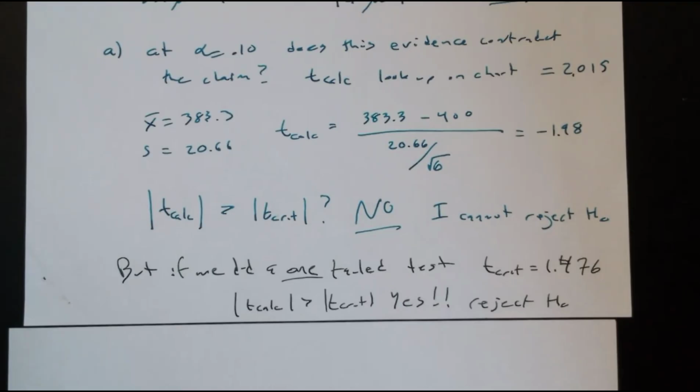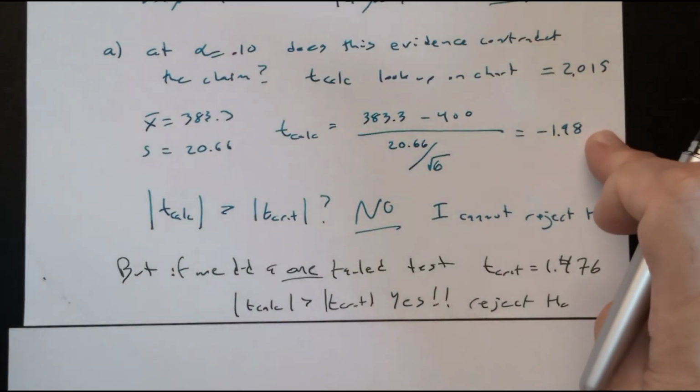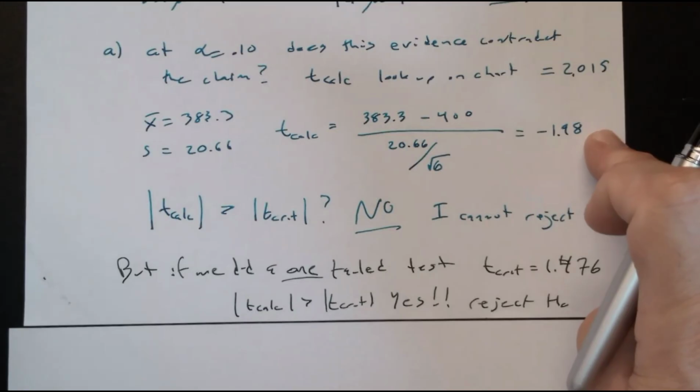Now, you could actually get a p-value. If you go into Excel you're going to have to look up this number in the t-distribution.